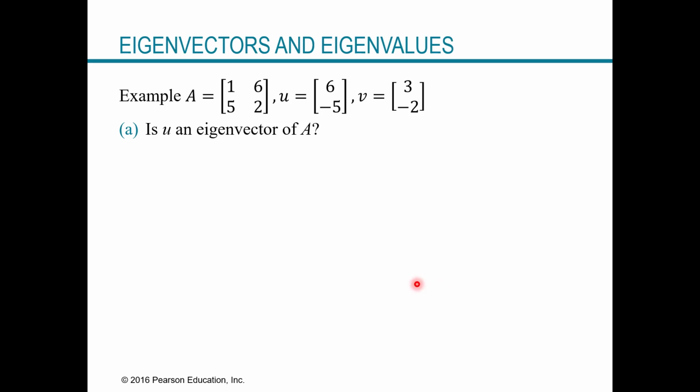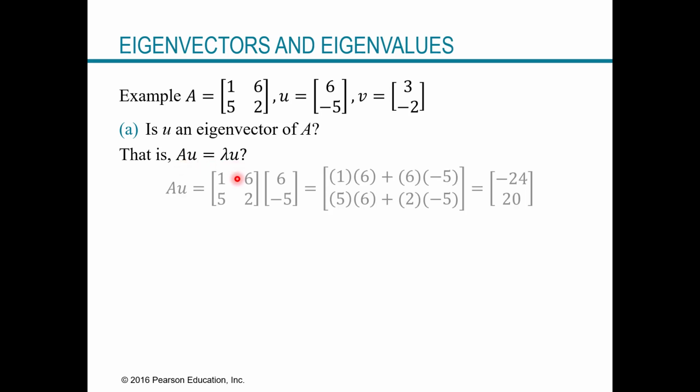All right, so here's our first example. We have our matrix A, it's a 2 by 2, and then we have two vectors, u and v. First we want to ask, is u an eigenvector of A? By definition, that just means, if I multiply u by A, is it a multiple of u? Okay, so let's work this out.